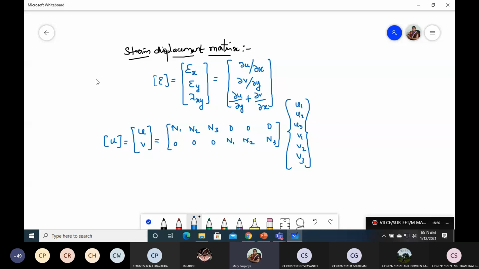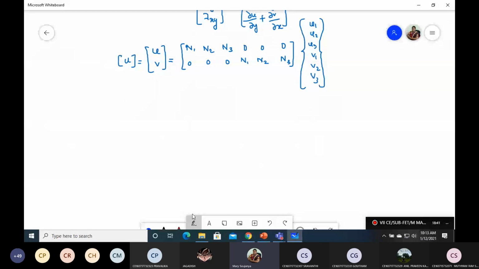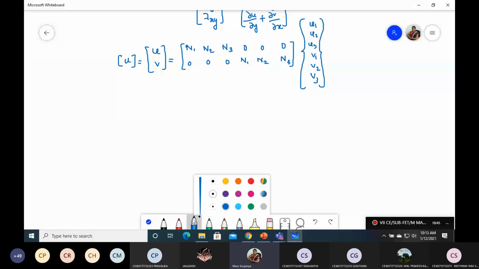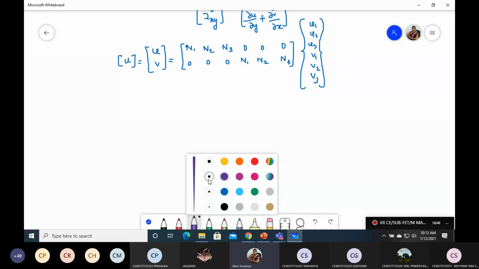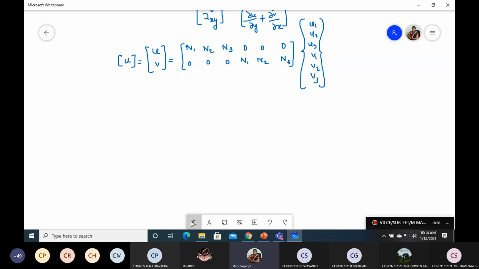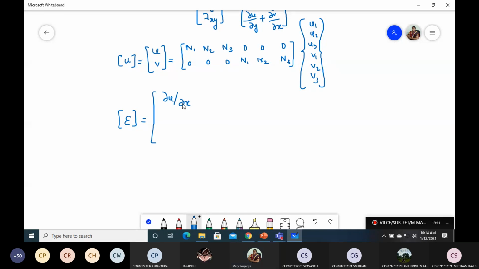Right. So for this case, now from the strain matrix we have dou u by dou x, dou v by dou y, and then finally dou u by dou y plus dou v by dou x.